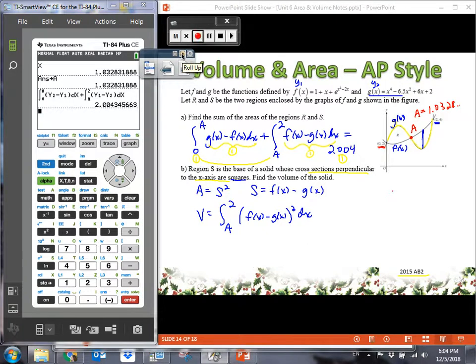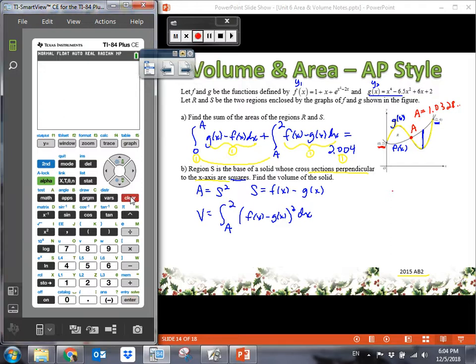So let's clear that so we can get a little bit higher. We do math 9, and we're going to go from A to 2.